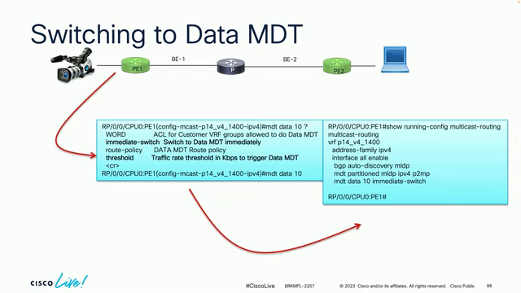If I have configured MDT data 10 immediate switch, I'm going to create 10 trees. But what will happen with the 11th flow if I have 20 flows? By default, we go round robin. So the first flow goes to tree 1, the second flow goes to tree 2, the third flow goes to tree 3.